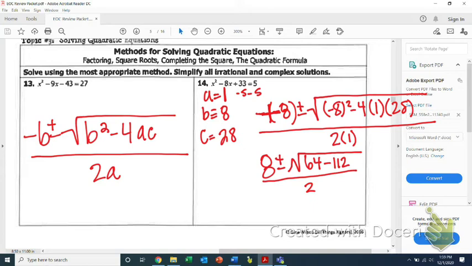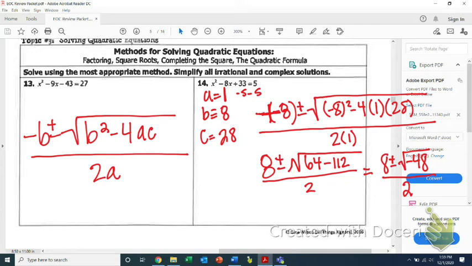Now, when we subtract what's under the radical, we're going to get 8 plus or minus the square root of negative 48 over 2. Now, I cannot have a negative square root. But what I can do is take the positive square root and put the i on the outside.